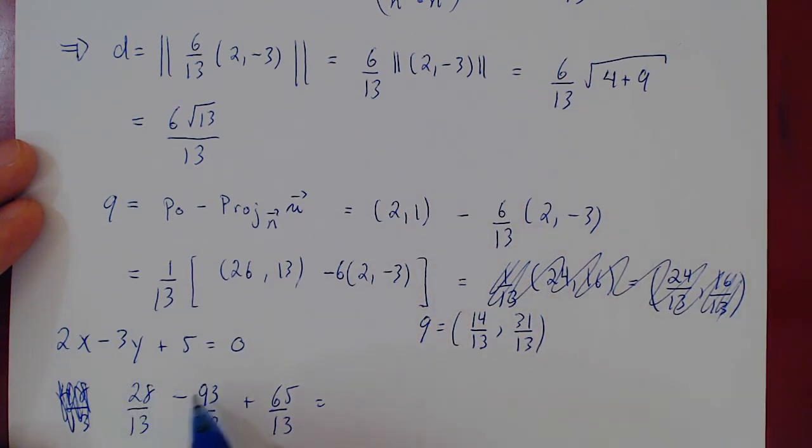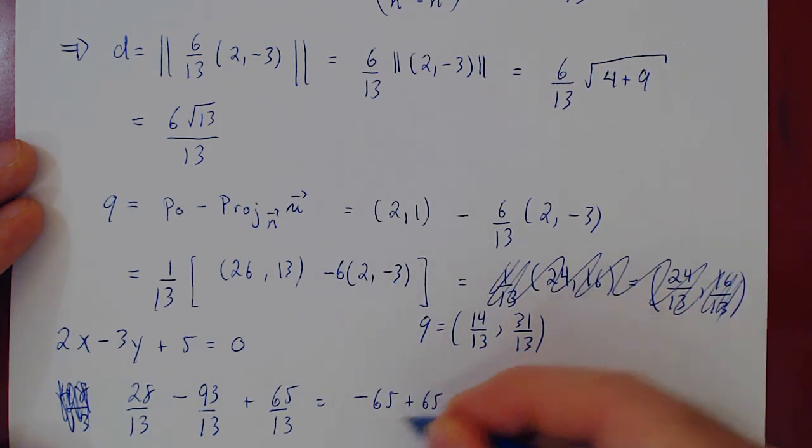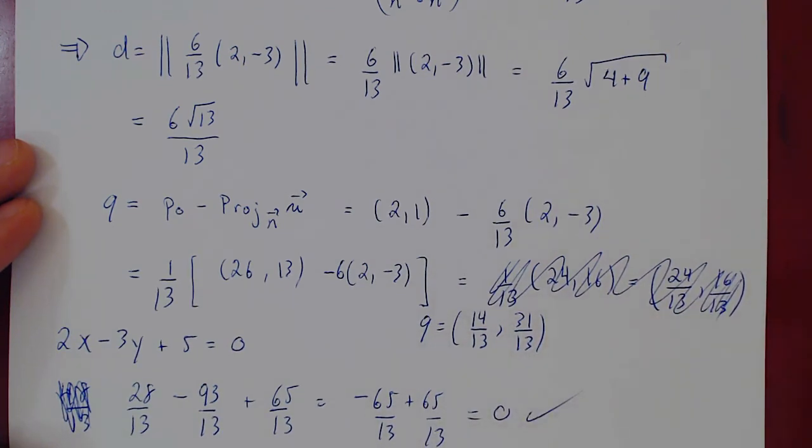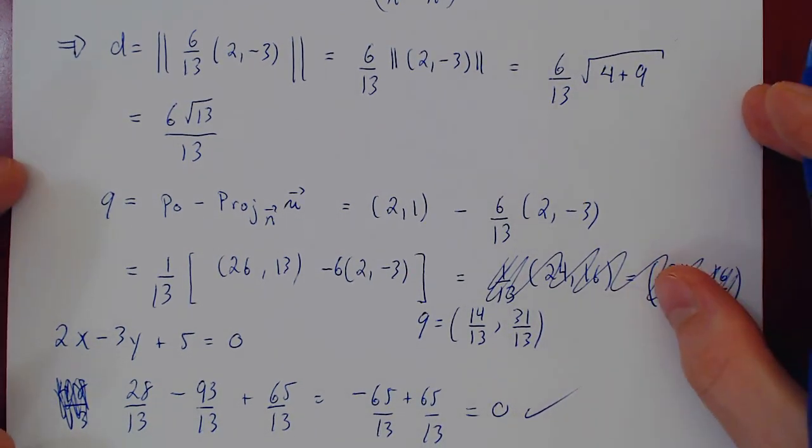But 28 minus 93 is negative 65. So you get negative 65 plus 65, both over 13. And of course you get 0. And now you know that you have the right point on L that lies closest to the point P naught.